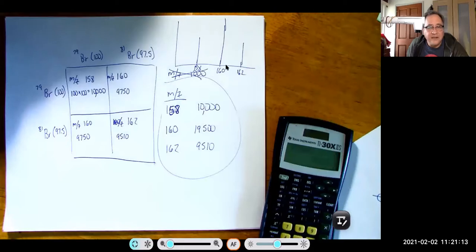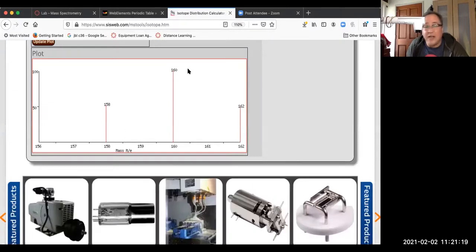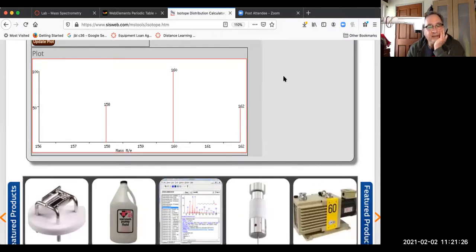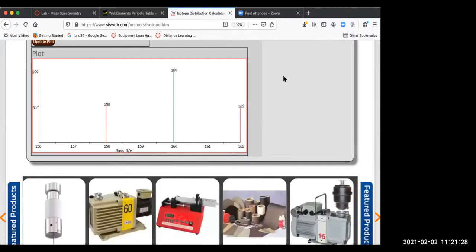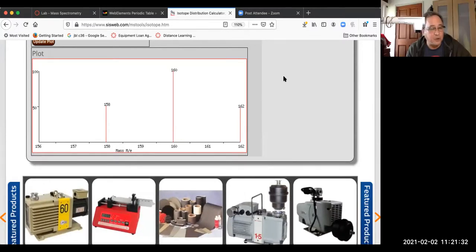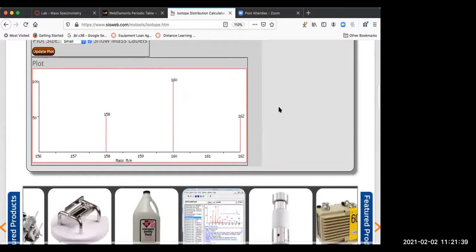Now, let's go back to the web browser and take a look at that spectrum on the simulator. Does it look like the 160 is twice as big as the 158? Kind of. Does it look like the 162 is shorter than the 158? Slightly. Let's look at the data.